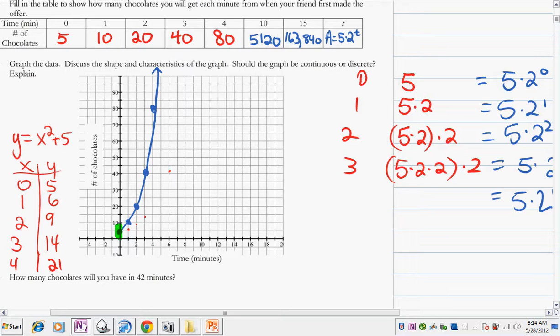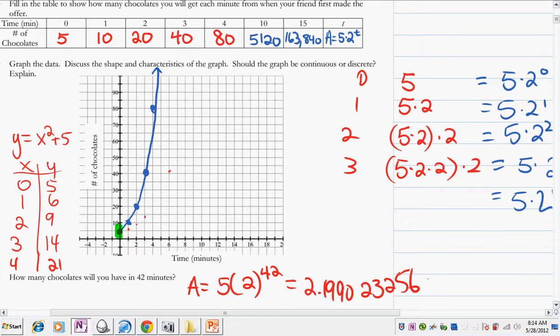So how many chocolates would you have in 42 minutes? Well, you simply use your equation. The amount is equal to 5 and then doubling for 42 minutes. And 5 times 2 to the 42nd is, my calculator says, 2.199023256 E13, which is times 10 to the 13th.